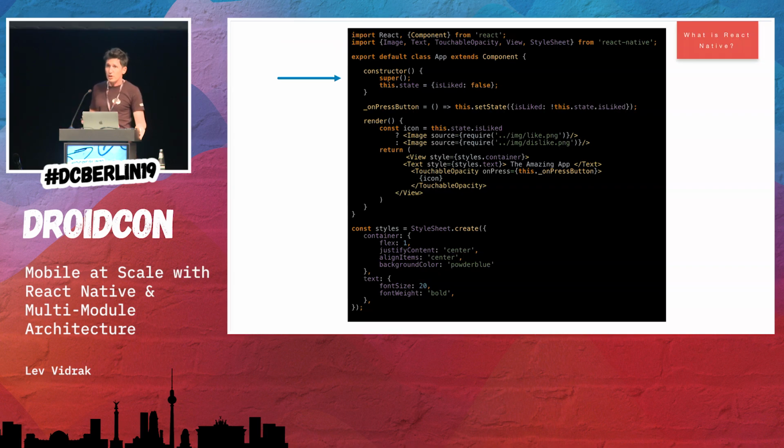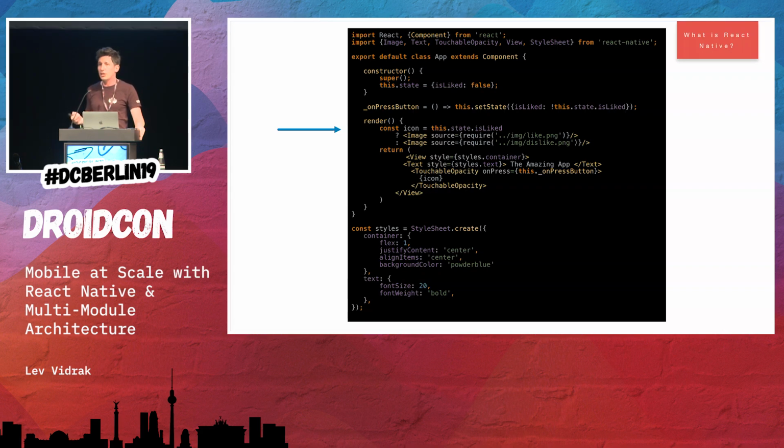We will create a constructor, and in the constructor we will initiate our state to false, meaning disliked. We will define the on-press handler that will turn the state from false to true and vice versa. And we will implement a method called render that will return a representation of our UI.